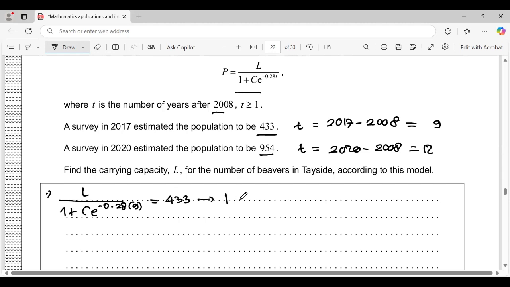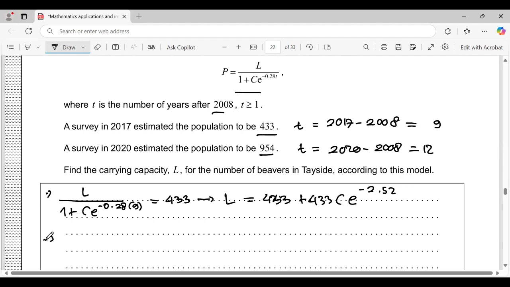And we can rearrange this equation, it becomes L equals 433 plus 433 C e to the power minus 2.52, because minus 0.28 times 9 is minus 2.52.